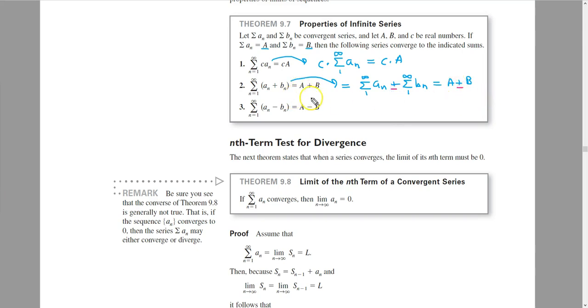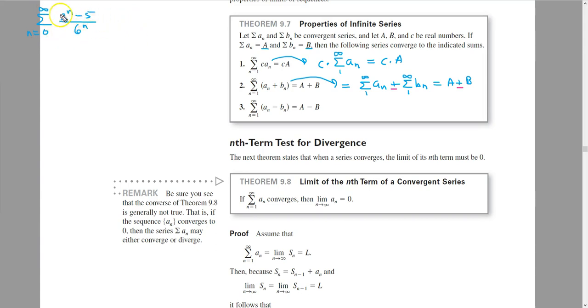Alright, now let's take a look at an example that utilizes this theorem. So just off to the side here, let's consider this problem. So let's try to evaluate this. So we have the sum from n equaling 0 to infinity of 2 to the n minus 5, all of that over 6 to the nth power.